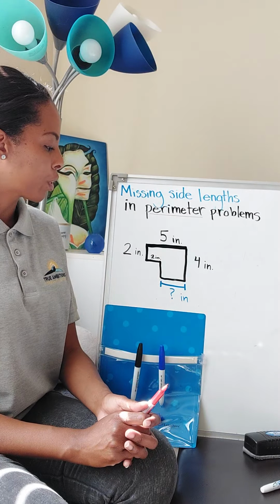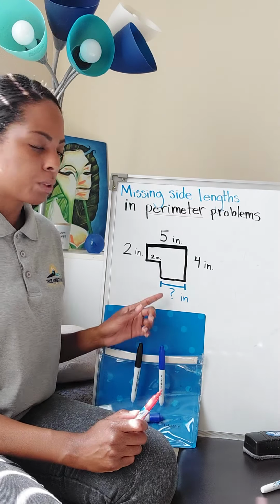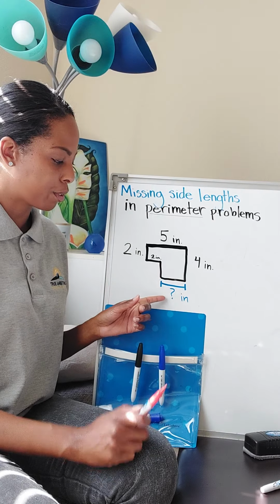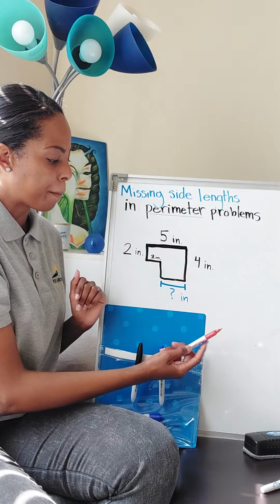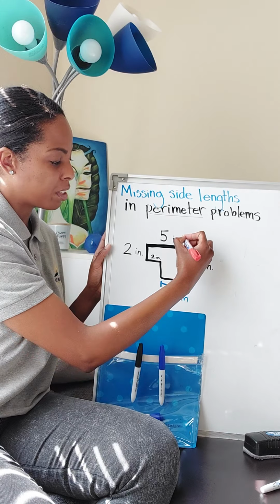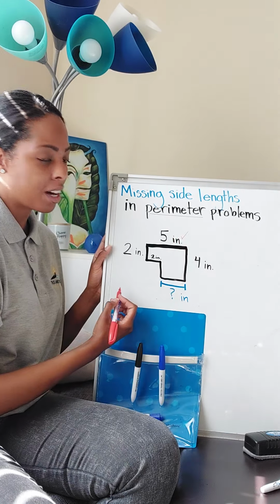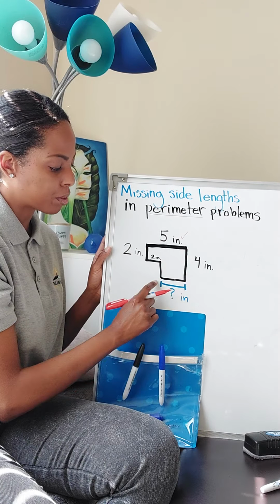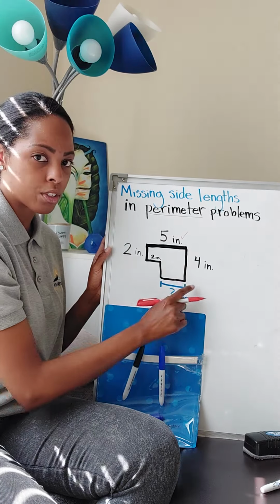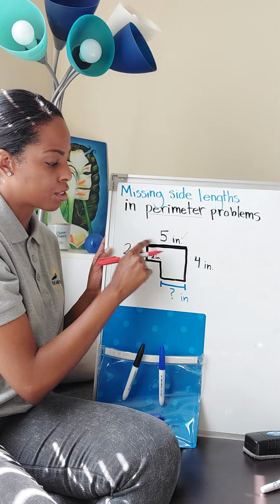Okay, so we're going to use, like I said, the information we know to find the missing length. For example, this side here, we don't know its measurement, but we do know the measurement of the top side. And because they're both horizontal lines, right? So this side is a horizontal line, a line that goes across, and so is this side.